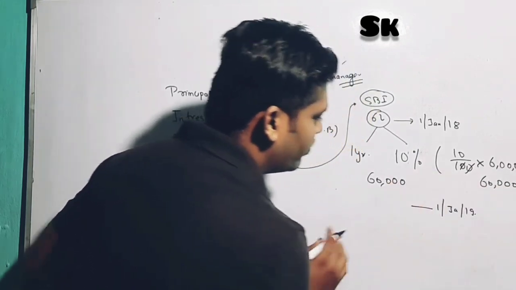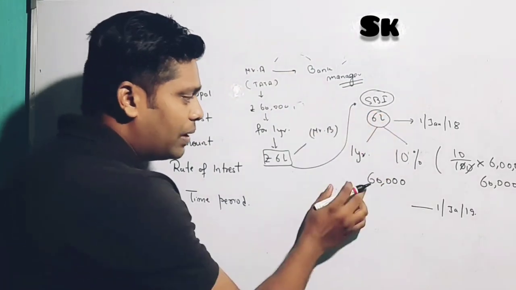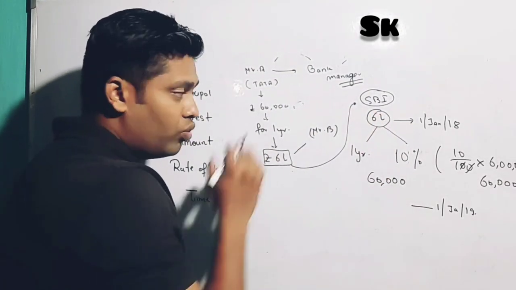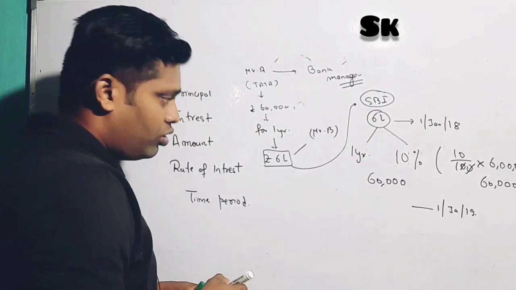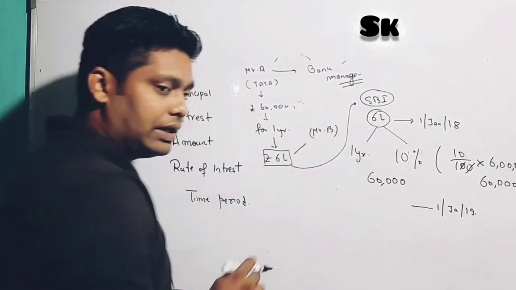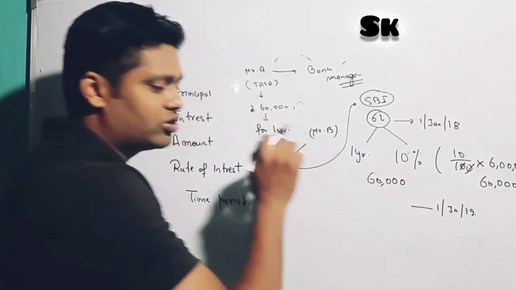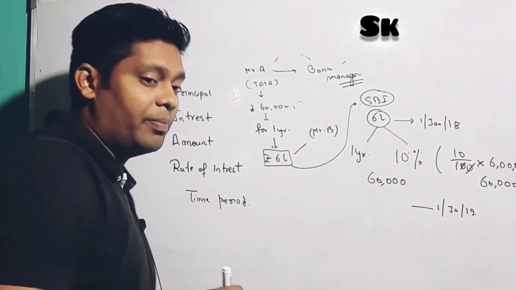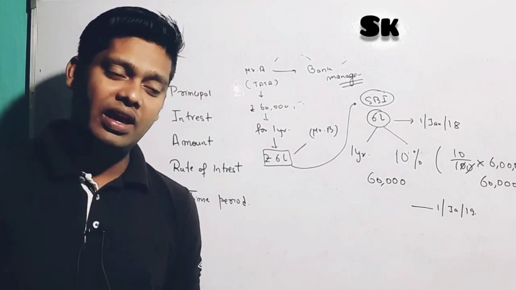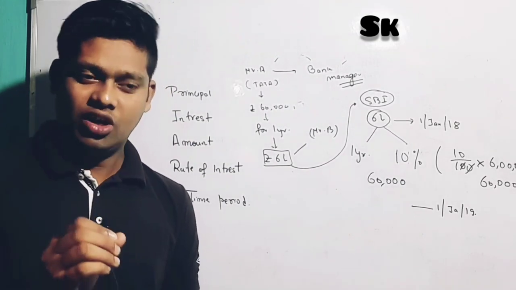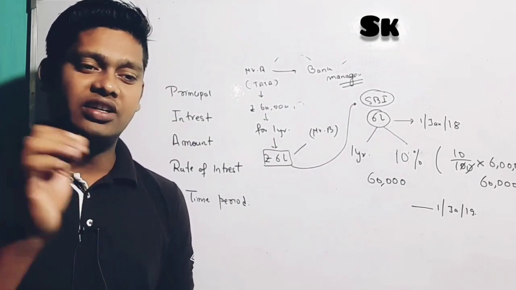So this is the extra amount which the bank is going to pay Mr. A over the 6 lakhs. So 6 lakhs also he is going to get, because that was Mr. A's money, as well as 60,000 also he is going to get. This was the amount which the bank is going to pay to Mr. A. Why? Because the government has instructed these rules.